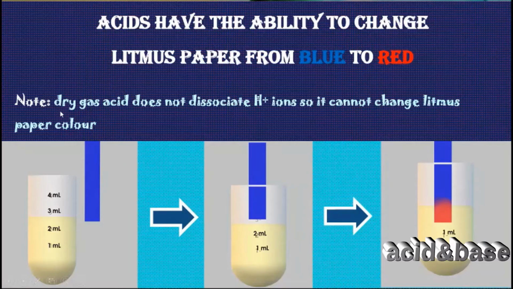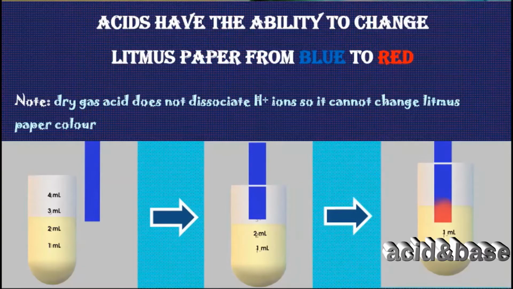But this happens in the aqueous medium. If you consider dry acid gas, you cannot find such changes in color with the litmus paper, because dry acid gas does not dissociate into hydrogen ions. Hence, you cannot find such changes in dry acid gas, but in the aqueous medium, you can find the changes in the litmus paper.